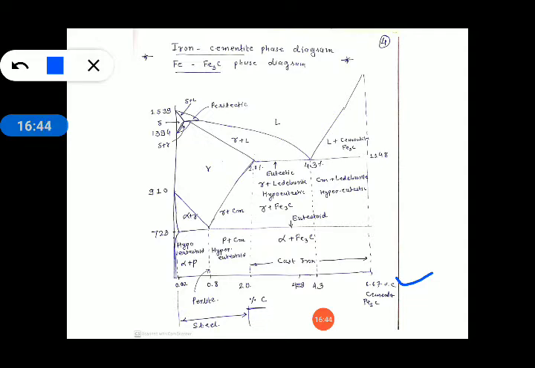Now concentrate on the topmost region. Here the pure metal iron has a melting point of 1539 degrees centigrade. At this temperature the pure iron will melt. Above this line, around 1550 degrees centigrade, there is liquid, because the iron is melted.